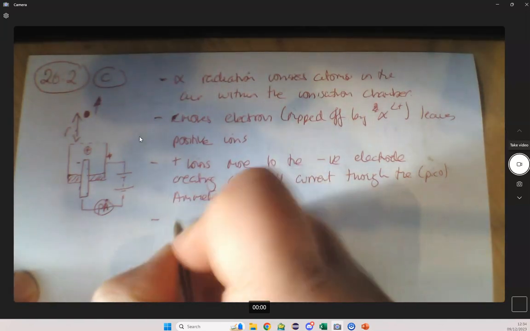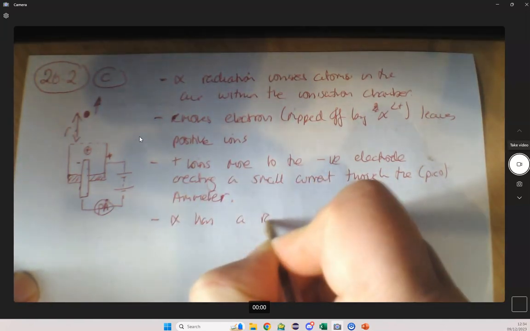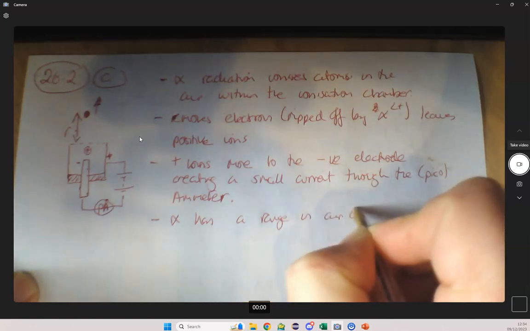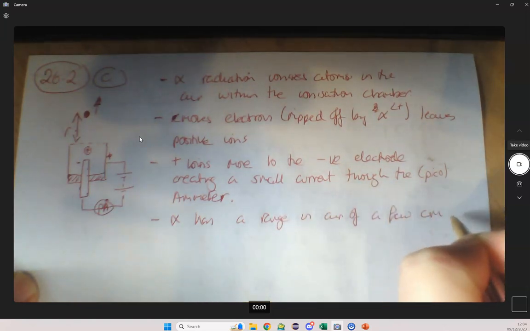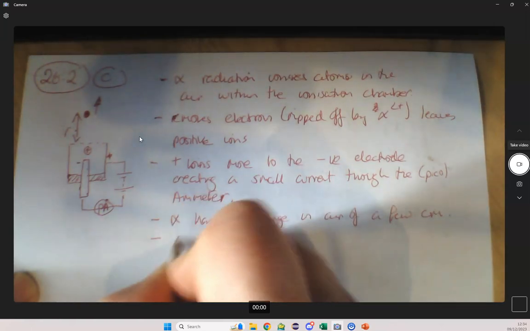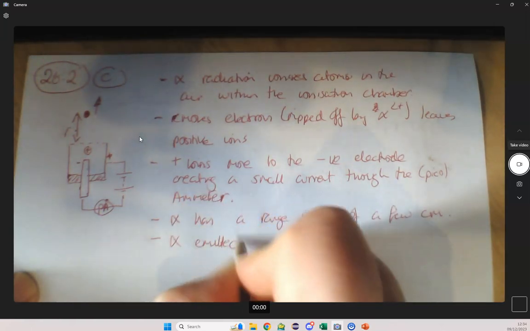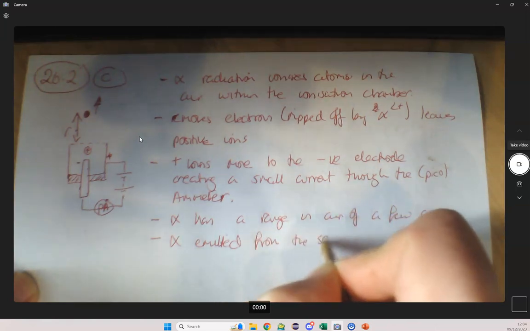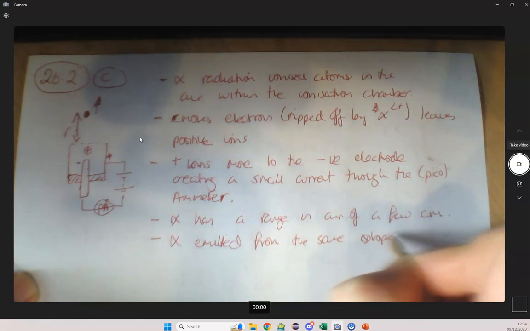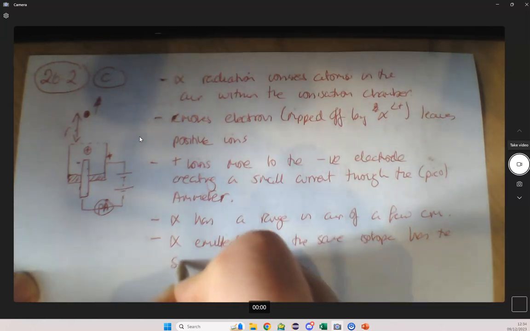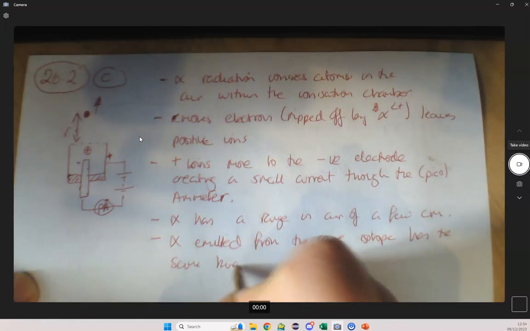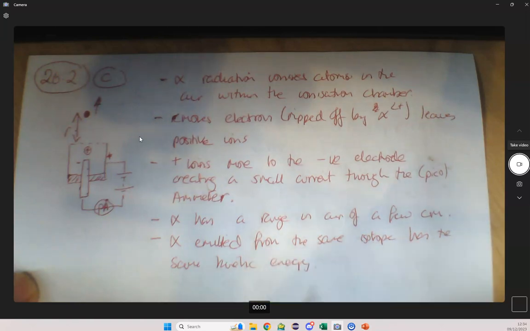So alpha has a range in air of a few centimetres, and we also know that alpha emitted from the same source or the same isotope has the same kinetic energy. Therefore, in uniform air, each of those is going to be able to make it a certain distance before it's run out of kinetic energy, grabs the last couple of electrons and turns into a helium atom.